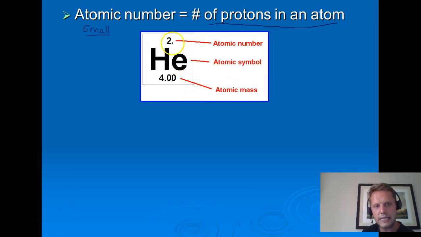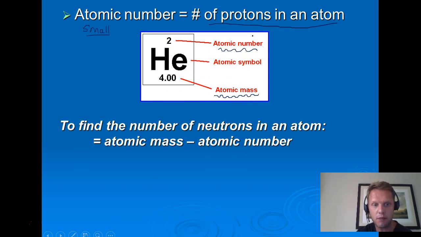So if we zoom into helium, we can see it has an atomic number of 2. And the bigger number is known as the atomic mass. So the atomic number represents the number of protons. The atomic mass, which ones weighed something? It was the protons plus the neutrons.